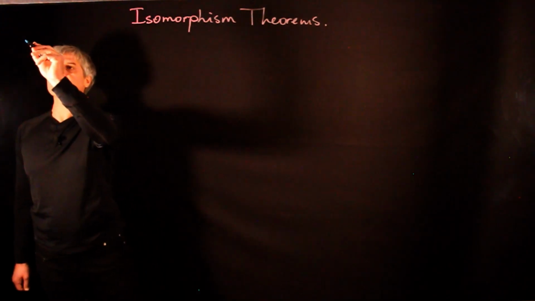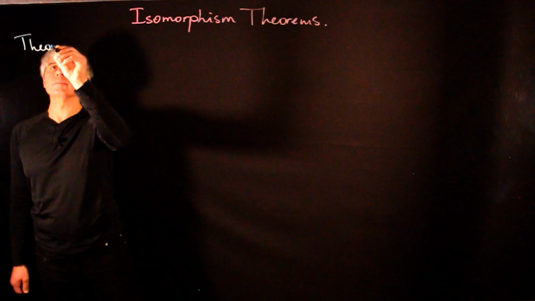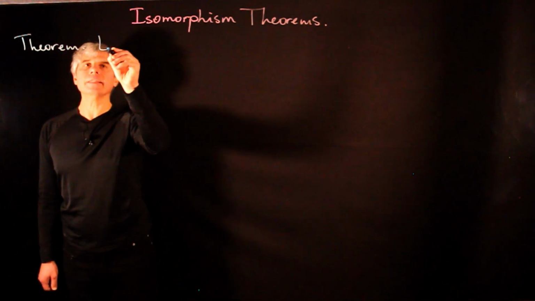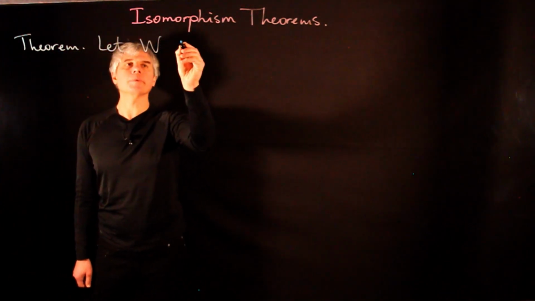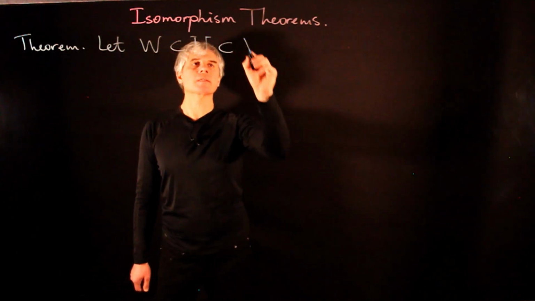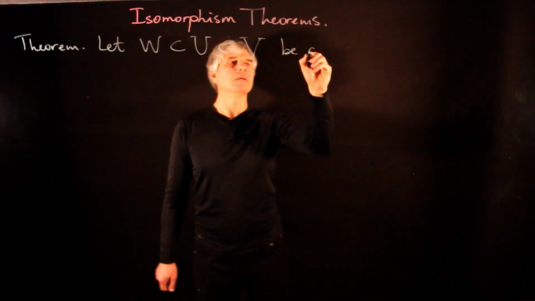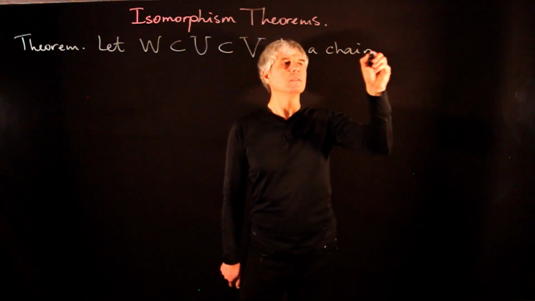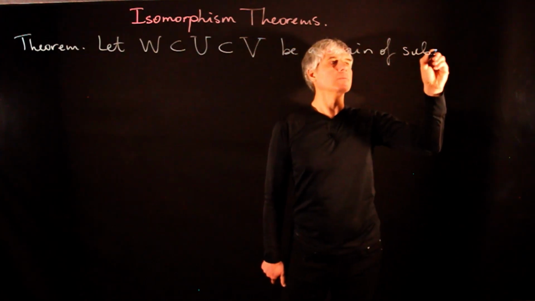Our second result is the following theorem. Let W be a subspace inside U, which is a subspace inside V. So we have a chain of subspaces.